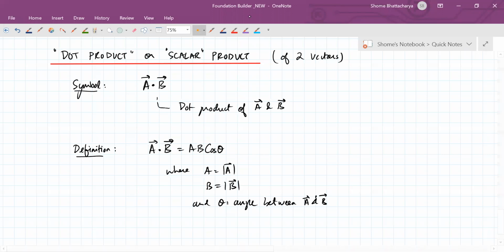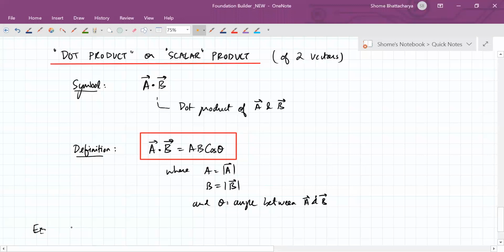So how will we define theta? Similarly, we cannot take dot product of two scalar quantities, because then what will be theta? Similarly, we cannot take dot product of A, B, and C, because then how will we define theta? So the definition itself is such that it is designed to operate only on two vectors. Okay. So just make a note of this first.